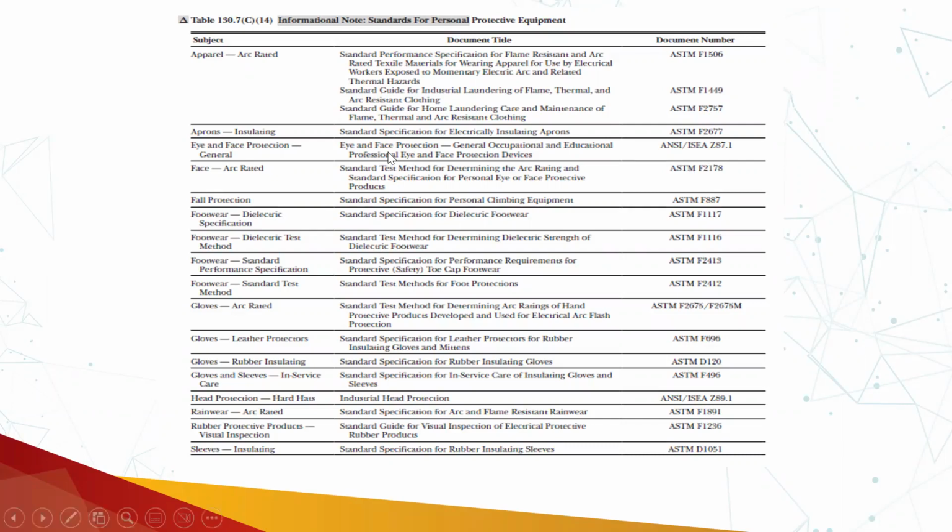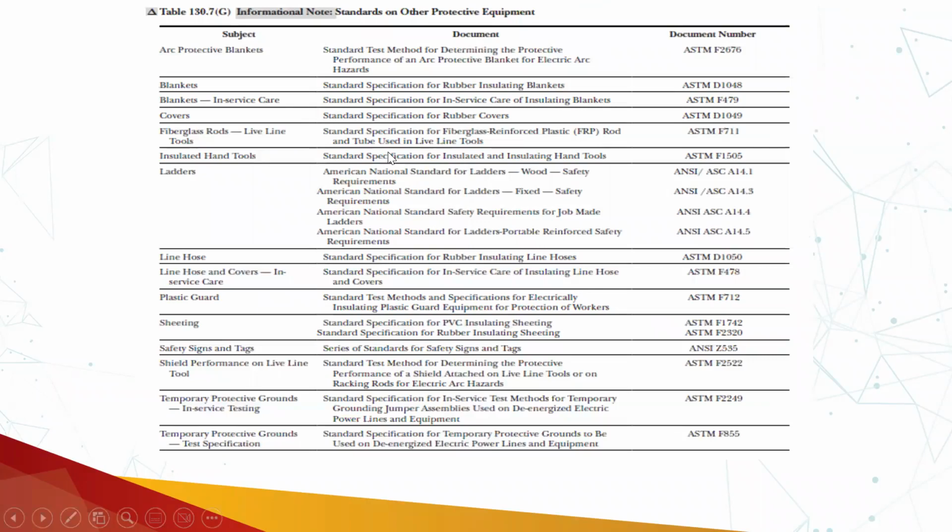Similarly, there is another table, 130.7G, which takes into consideration other types of protective equipment like blankets, covers, insulated hand tools, ladders, line hoses, sheeting, and others. So document numbers are attached with those as well. They are going to ask questions like, for the plastic guard, which ASTM standard is referred.